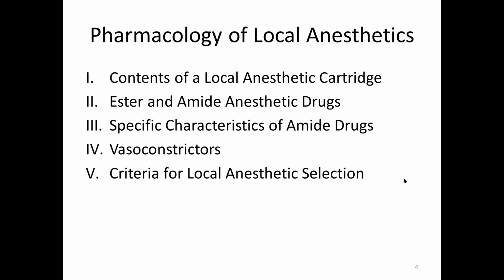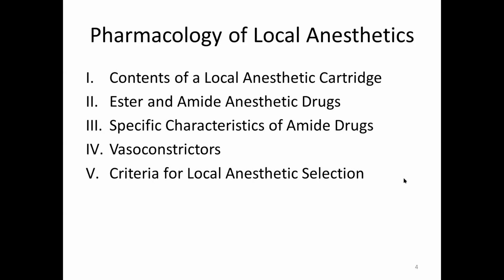Relative contraindications are cardiovascular disease, angina, hypertension, hyperthyroidism, and of course liver and kidney disease. Patients taking beta blockers and steroid dependent patients, sometimes asthmatics as well, would be contraindicated because of the epinephrine that is in that lidocaine hydrochloride.